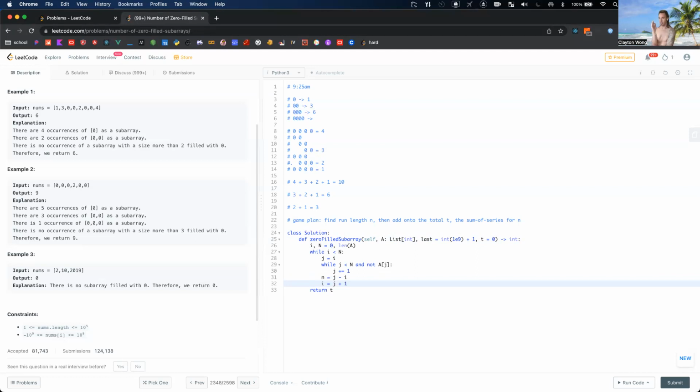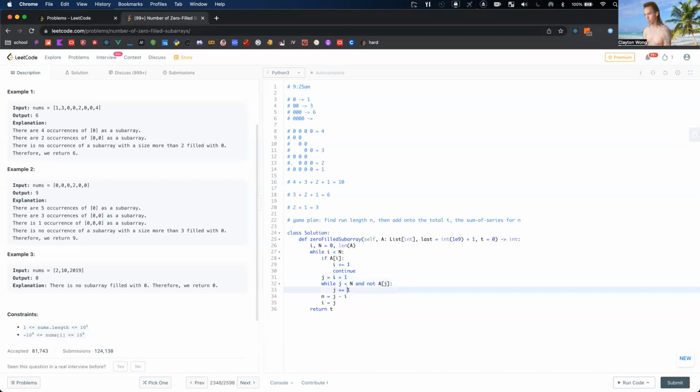Wait a sec. So let's do this. If a sub i is nonzero, then just simply i plus equals 1 and continue. Otherwise, if it's 0, then we find how big the run length of 0 is. And then i will equal j. Right. We know at least j is i plus 1.